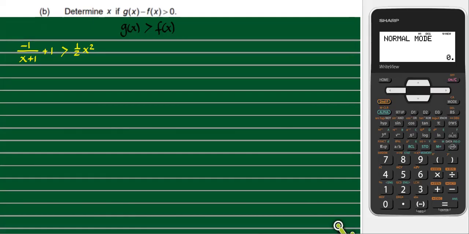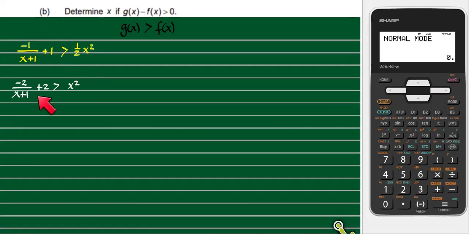So I multiply by positive 2. The sign does not change. So it's minus 2 all over x plus 1, and then it will be plus 2 greater than x squared. You can't multiply by x plus 1 because you don't know whether it's positive or negative.